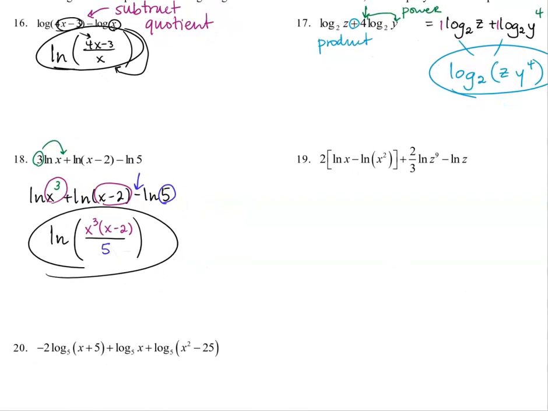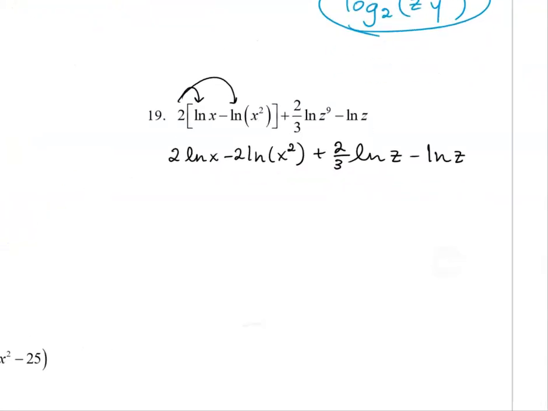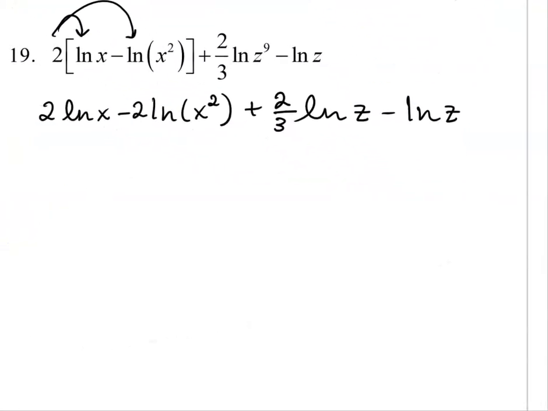When we start example 19, we first need to distribute this 2 to the first two logarithms that we have there, because it's only after we have distributed it that we can see what the coefficients are to those logarithms. And once we can see the coefficients to those logarithms, then we know that we can come in and use the power rule.